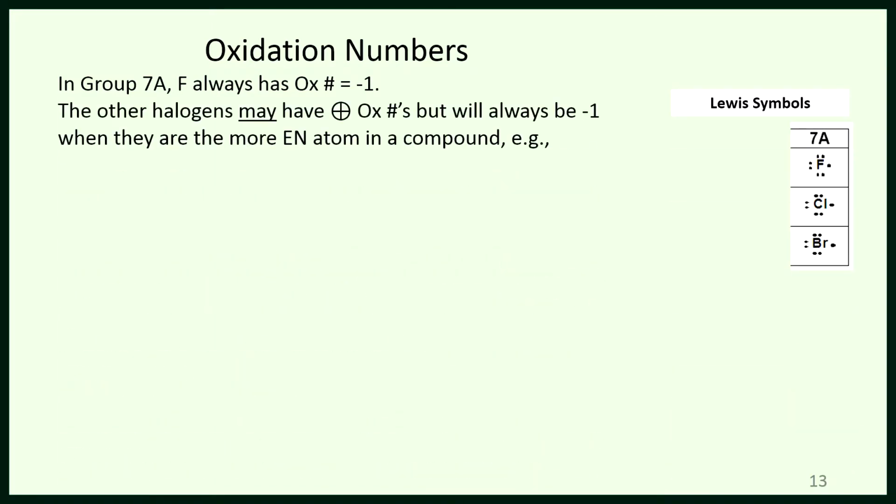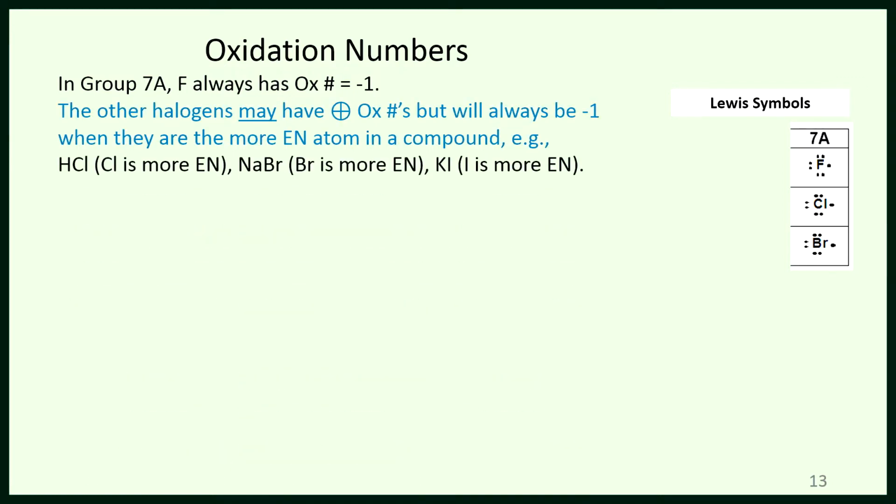Now the other halogens, chlorine, bromine, iodine, may have positive oxidation numbers, but they will always be -1 when the halogen is the more electronegative atom in the compound. Here's some examples to illustrate. In HCl, chlorine is more electronegative than hydrogen, so chlorine will use its -1 oxidation state only.